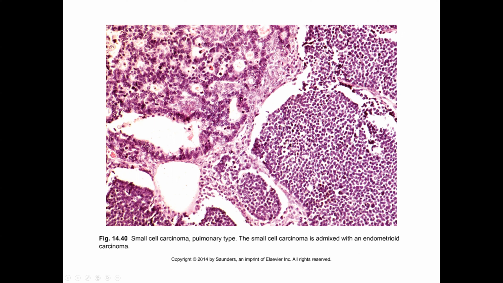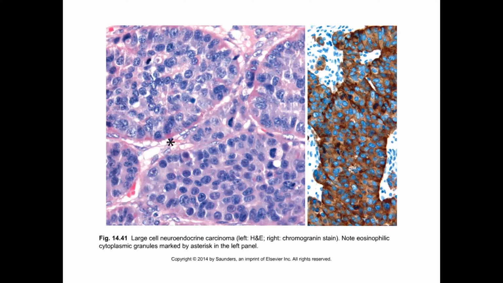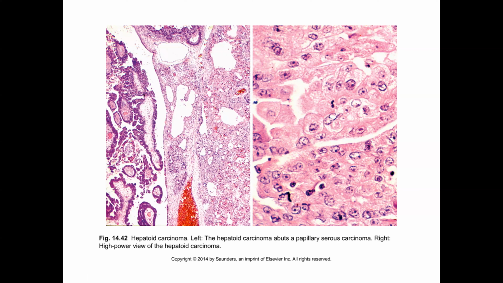We see a high-grade malignant, slightly glandular formation, more of the endometrioid type over here. And then here we see this small cell version, small cell carcinoma that would be staining positively with neuroendocrine markers. And here's an example. Large cell neuroendocrine carcinoma, more cytoplasm, bigger nuclei, still have neuroendocrine type chromatin pattern and immunohistochemical markers supporting neuroendocrine differentiation.